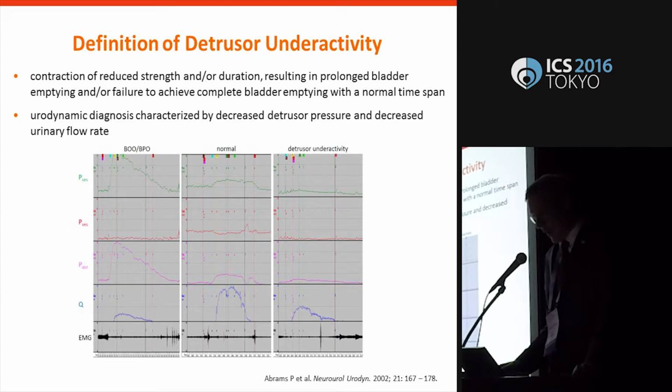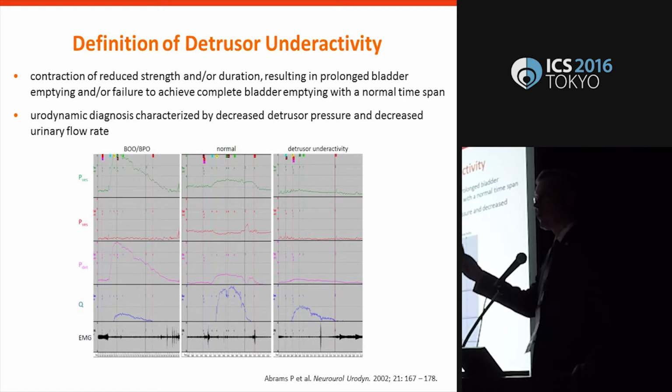It is a contraction of reduced strength and or duration resulting in prolonged bladder emptying and or failure to achieve complete bladder emptying within a normal time span. This is the original definition of Detrusor Underactivity. So therefore it is a urodynamic diagnosis characterized by decreased detrusor pressure and decreased urinary flow rate.